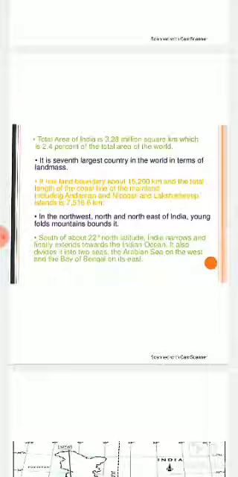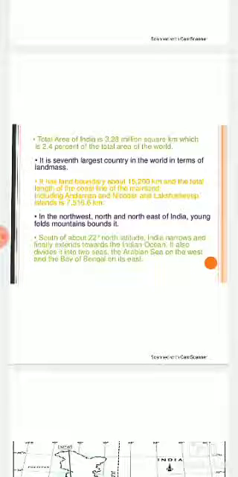Now one more point is there. What is the land boundary and water boundary of India? The region of India which is surrounded by water on its three sides is called peninsula. An entire peninsula comes under the water boundary of India, even including Andaman and Nicobar. And the region from Gujarat to West Bengal, above this we have land boundary.